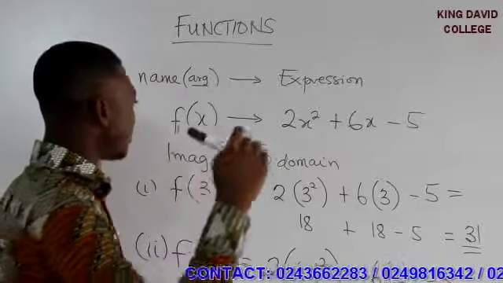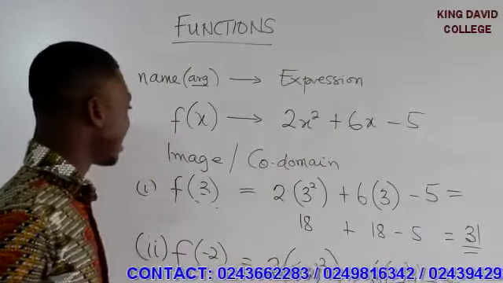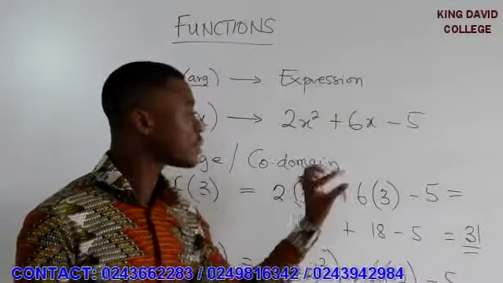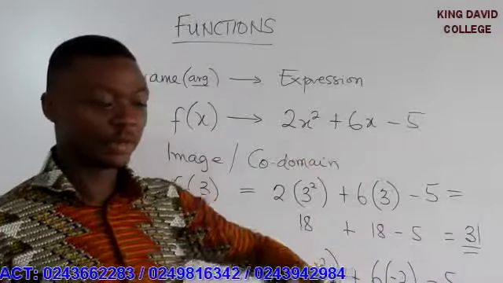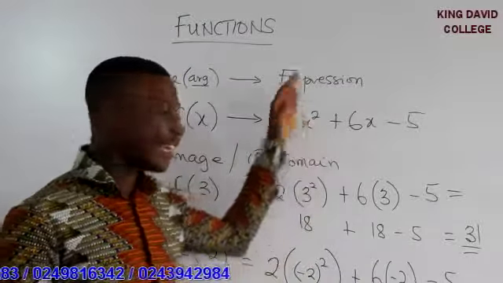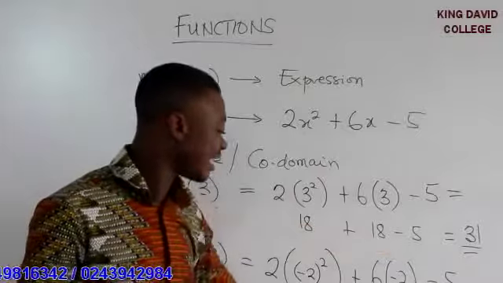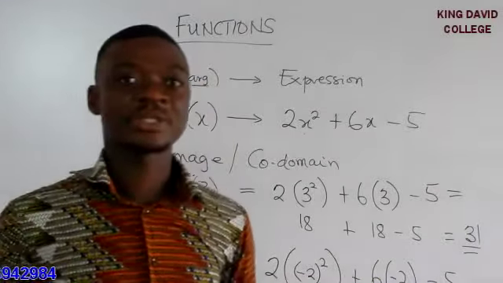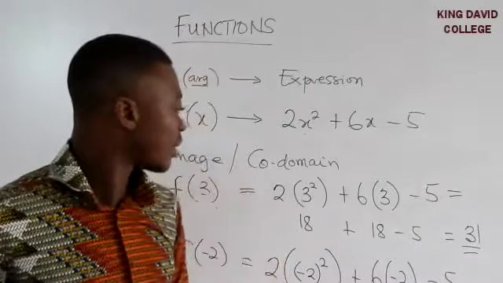Whatever function you are having there, the image that you are asked to find will be when you put in the value or the input into the function. Then you reduce it, and the value or the result becomes what? Your image. Okay, very well.